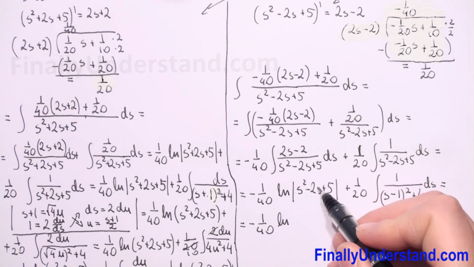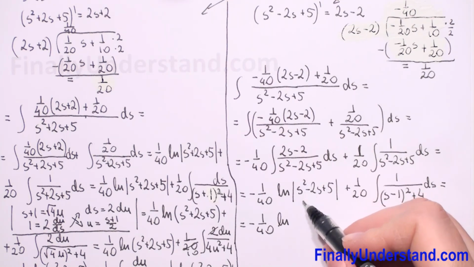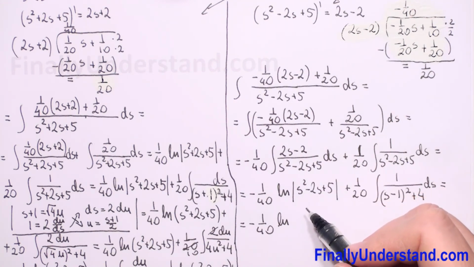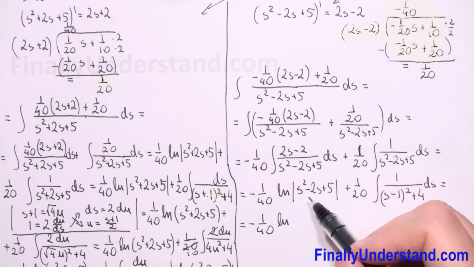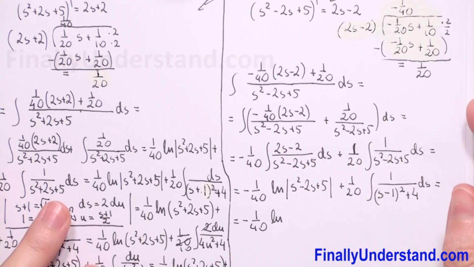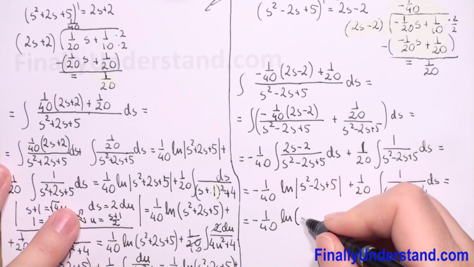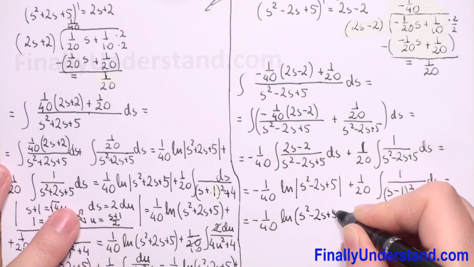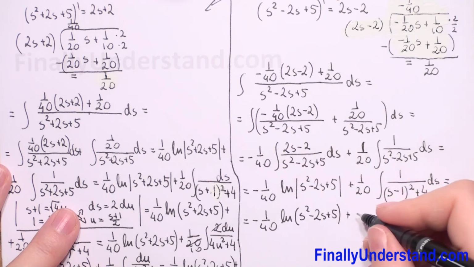We found at the beginning that delta for this quadratic expression is less than 0, so we don't have roots, and the coefficient before s squared is positive, so our parabola opens up and is above the x-axis. It doesn't have negative values, so we don't need the absolute value. We can write this expression in parentheses: s squared minus 2s plus 5, plus 1 over 20.